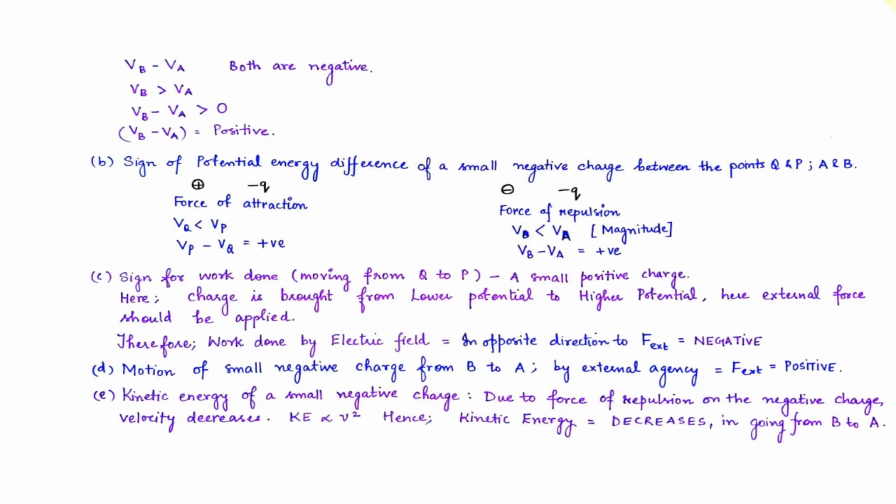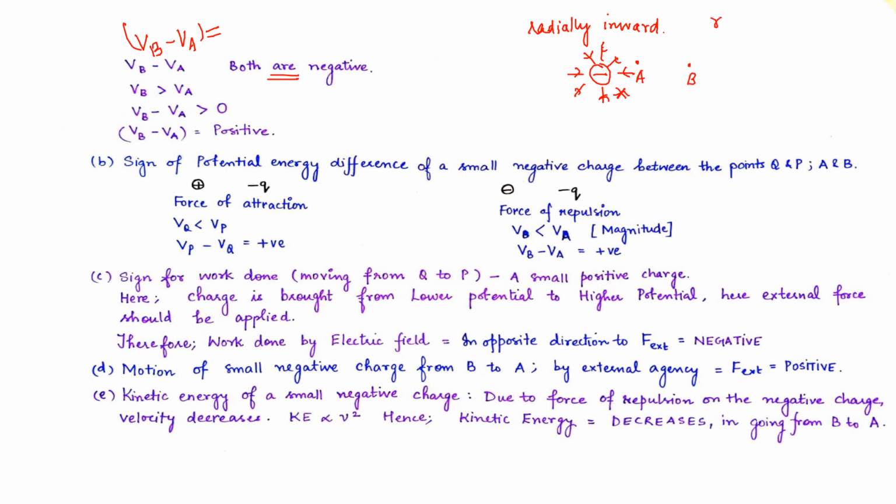Vp minus Vq will give us positive potential. Secondly, VB minus VA, we have to find the potential for it. Both are negative. See, this is our negative charge, and these are the fields which come to the negative charge because they are radially inward. So in this case, our A is here, our B is here.